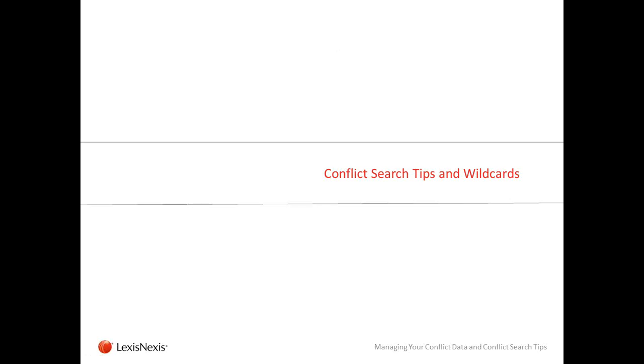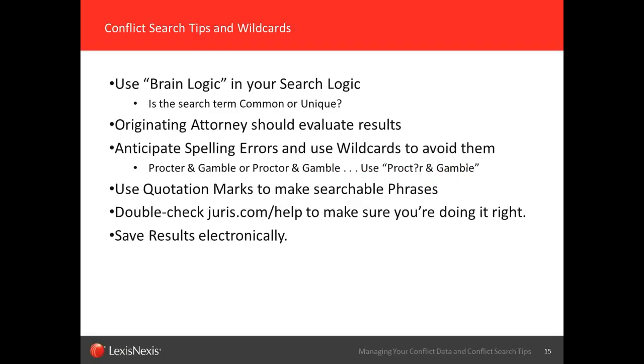Okay, now I'm going to talk about some of the conflict search tips and how to use wildcards and things like that in the conflict inquiry. The most important thing that you can use when you're getting ready to do your conflict search is what I call using brain logic in your search logic.